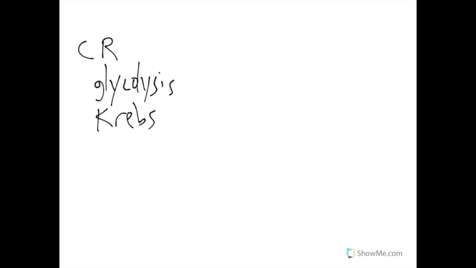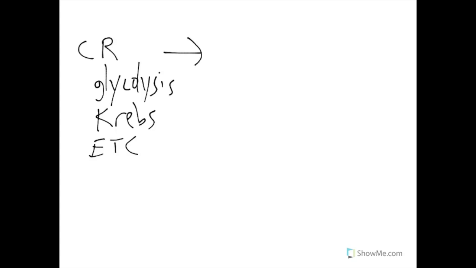Okay, so today we're going to talk about energy expenditure, and we're going to go through three categories. We're going to begin at the cellular level with cellular respiration, which many people are probably familiar with. It starts with glycolysis, then we have the Krebs cycle and the electron transport chain.